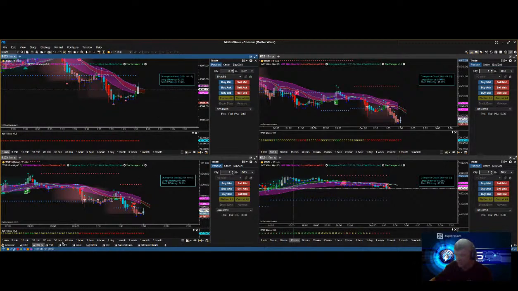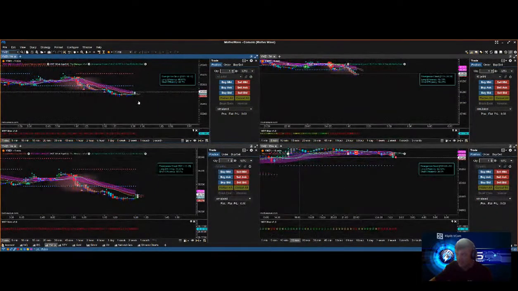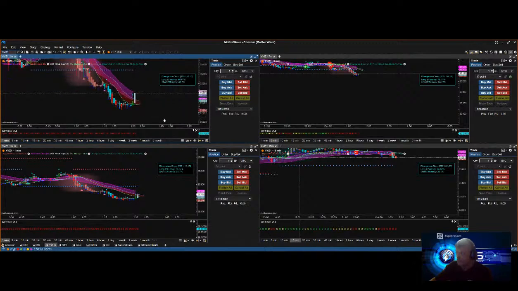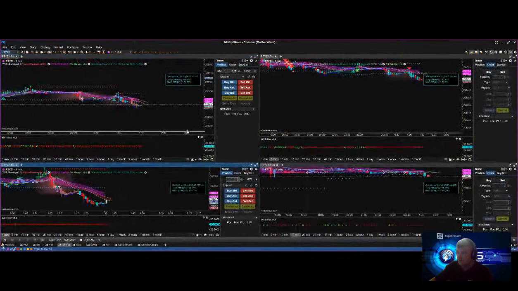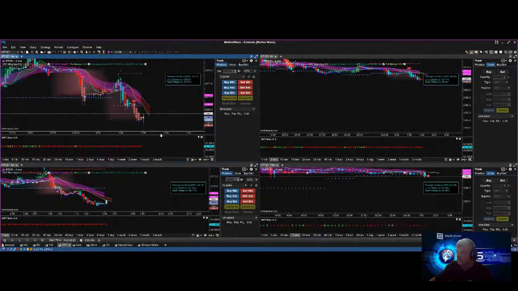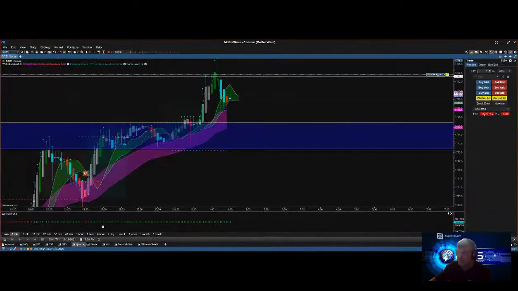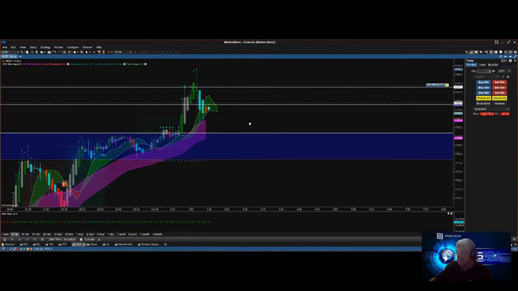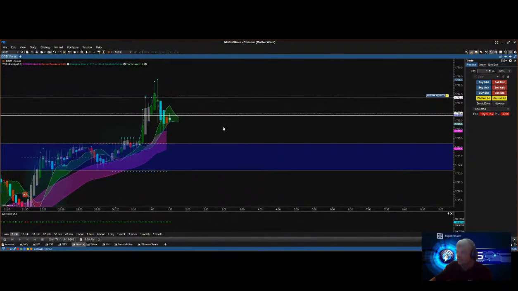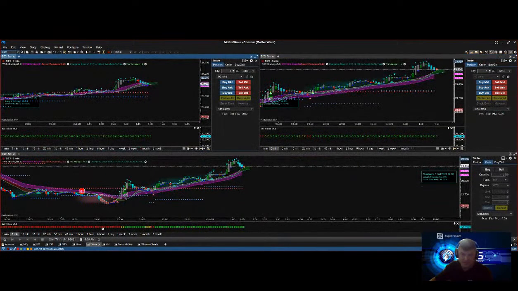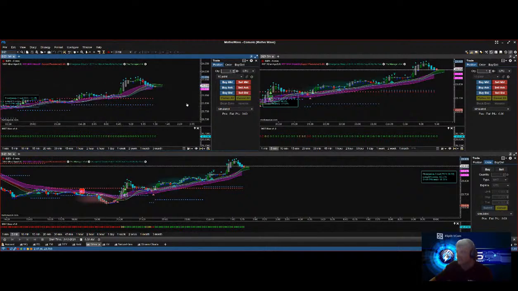Be patient and wait for the right entry on that. Patience pays. Patience pays quite a bit, actually. Impatience costs a lot of money. It really does.